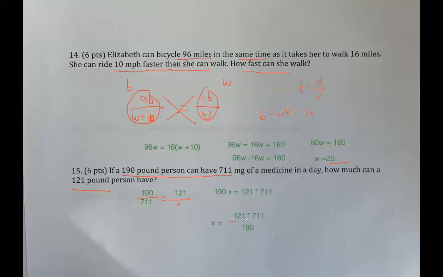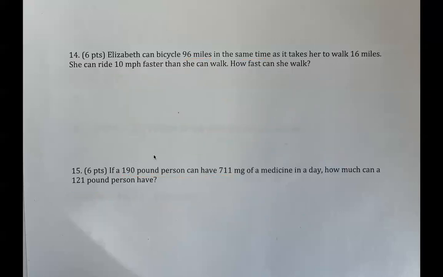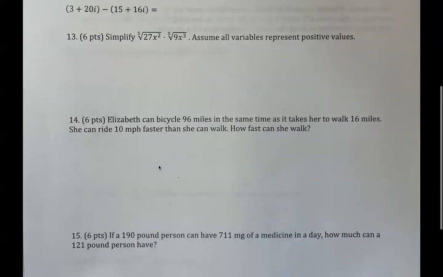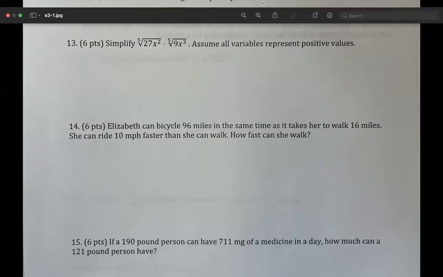I think most people did it right for this one. It's about 452, right? You can round it up to 453 milligrams. So that's for this question. Then we have two more questions, 16 and 17. I'm going to make another video.